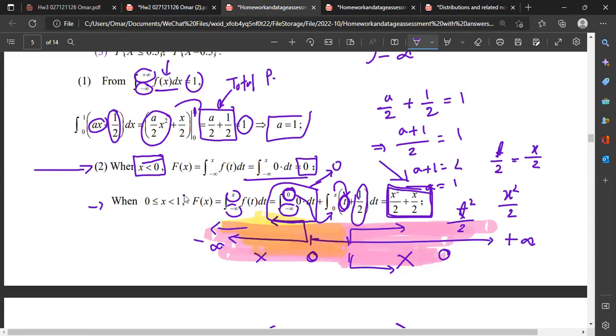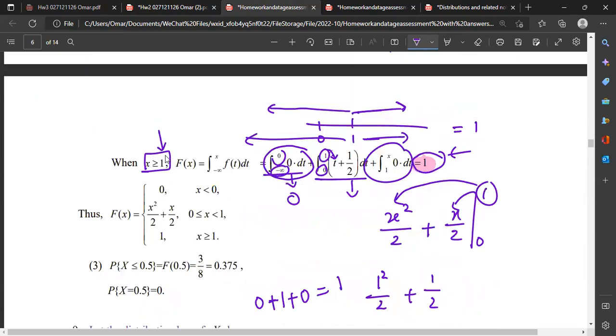And then when x is greater than or equal to 0 and less than 1, the answer is here. And then at the last part, when x is greater than or equal to 1, the answer is 1. So we just write it down here: x is less than 0, the answer is 0. X is from 0 to 1, so the answer is here. And x is greater than or equal to 1, so the answer is here.